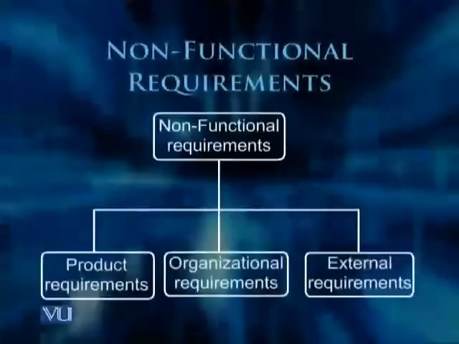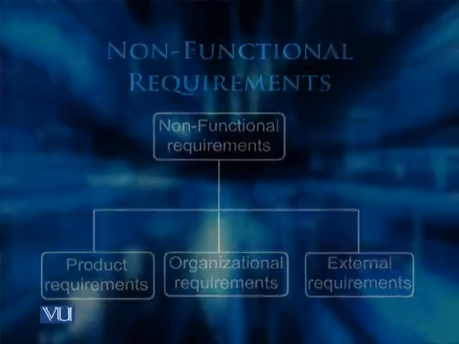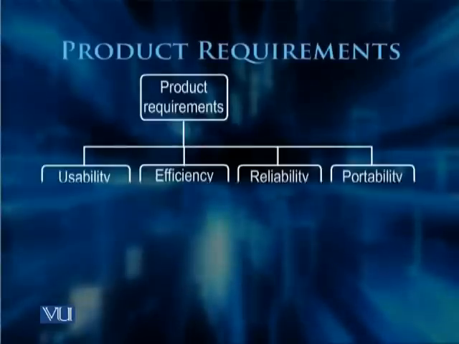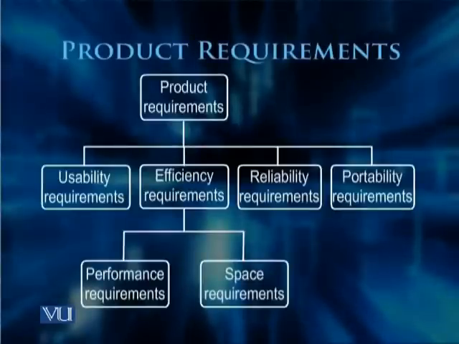Non-functional requirements are of three types: product requirements, organizational requirements, and external requirements. We'll briefly touch upon each one of them. Product requirements are usability requirements. They can be efficiency requirements, reliability requirements, and portability requirements.